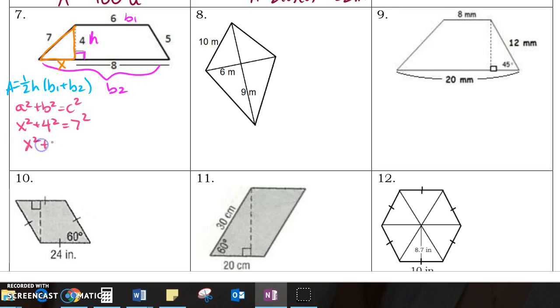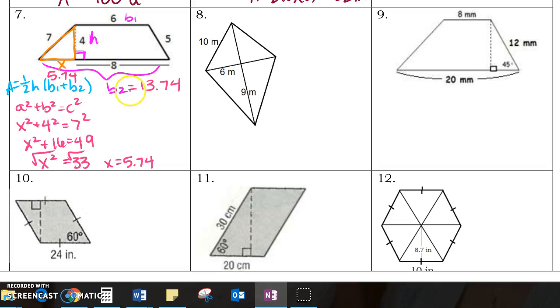So x squared plus 16 equals 49. So x squared equals 33. So you take the square root. So x will equal 5.74, which means this little piece is 5.74. So to get our whole base 2, we'll have to add 8 plus 5.74 to give us 13.74.